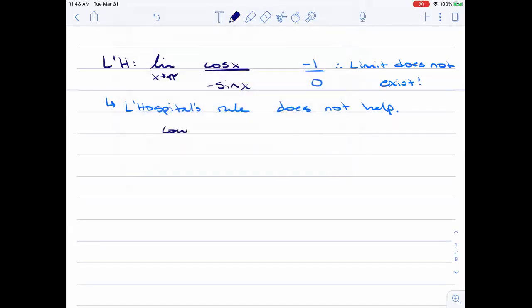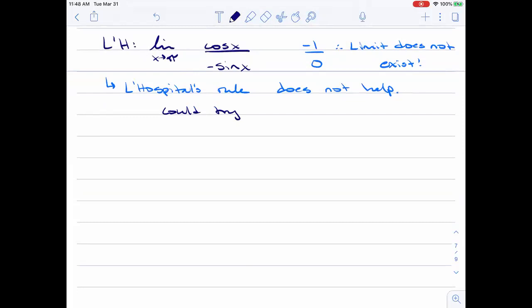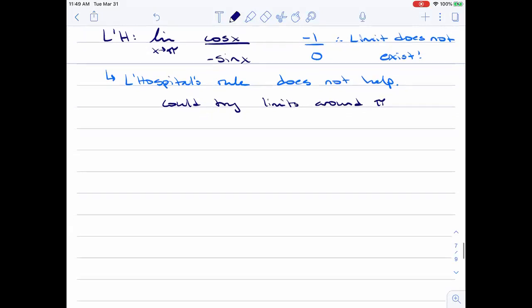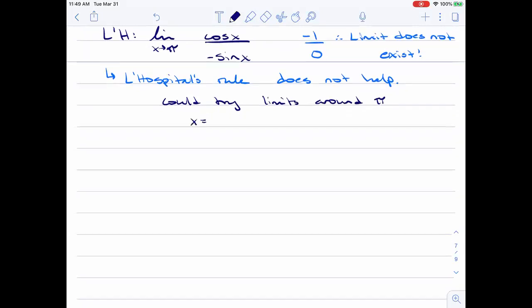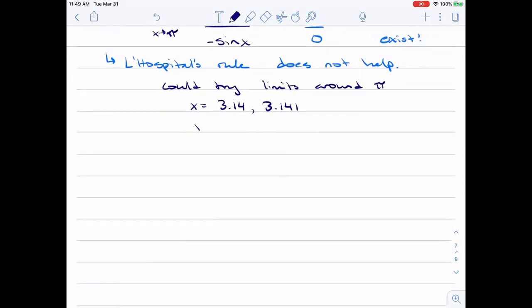What we could do is try limits around pi to see what happens, right? Things like x is 3.14, maybe 3.141, or x is 3.15, approaching it from the other side, or 3.142.